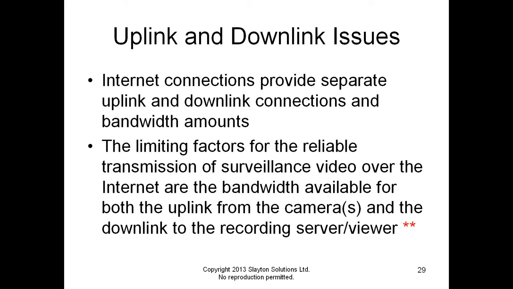What limits the amount of video that can go through an internet connection is not only the uplink from the premise where the cameras are up to the internet, but also the downlink to the viewer. If you think of them as water pipes, there's an uplink water pipe and a downlink water pipe. Every internet connection is two pipes that come into the building. One goes up to the internet, one comes down.